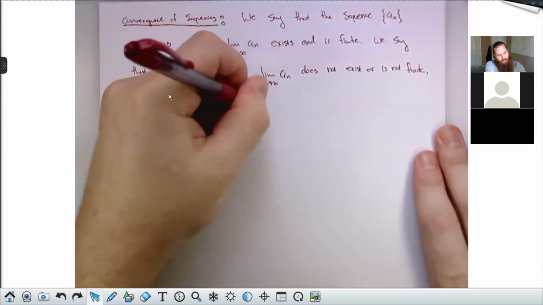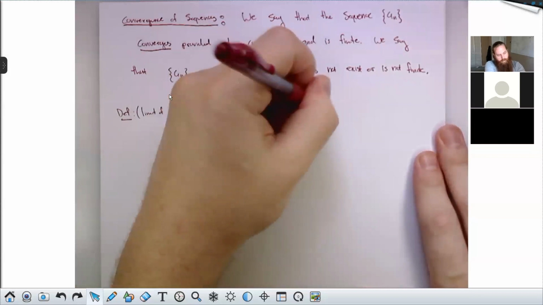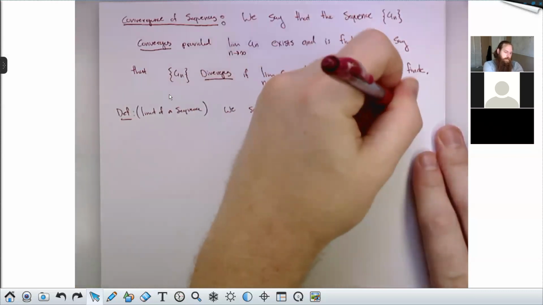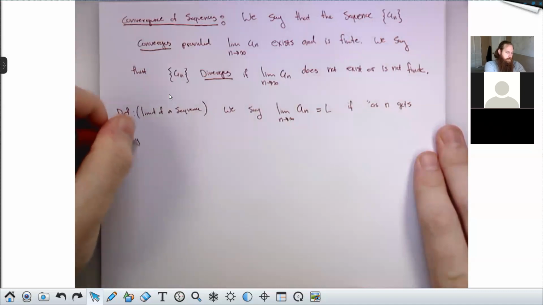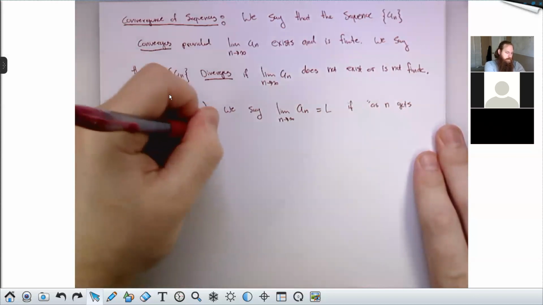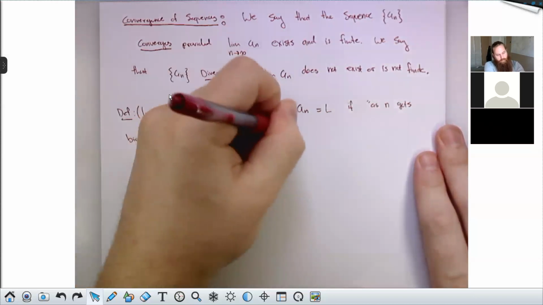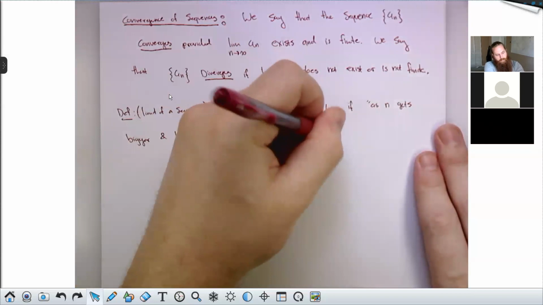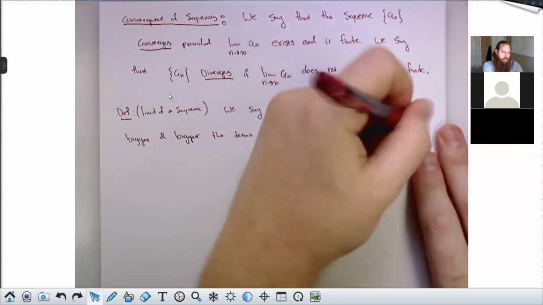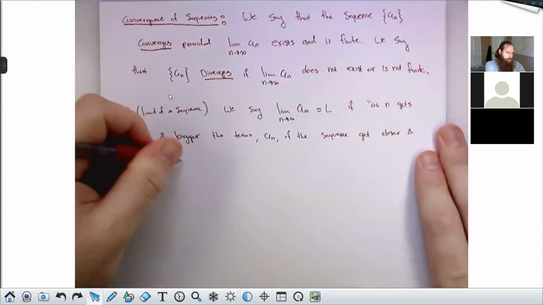We say that the limit as n goes to infinity of a_n equals L if as n gets bigger and bigger, the terms of the sequence get closer and closer to L.